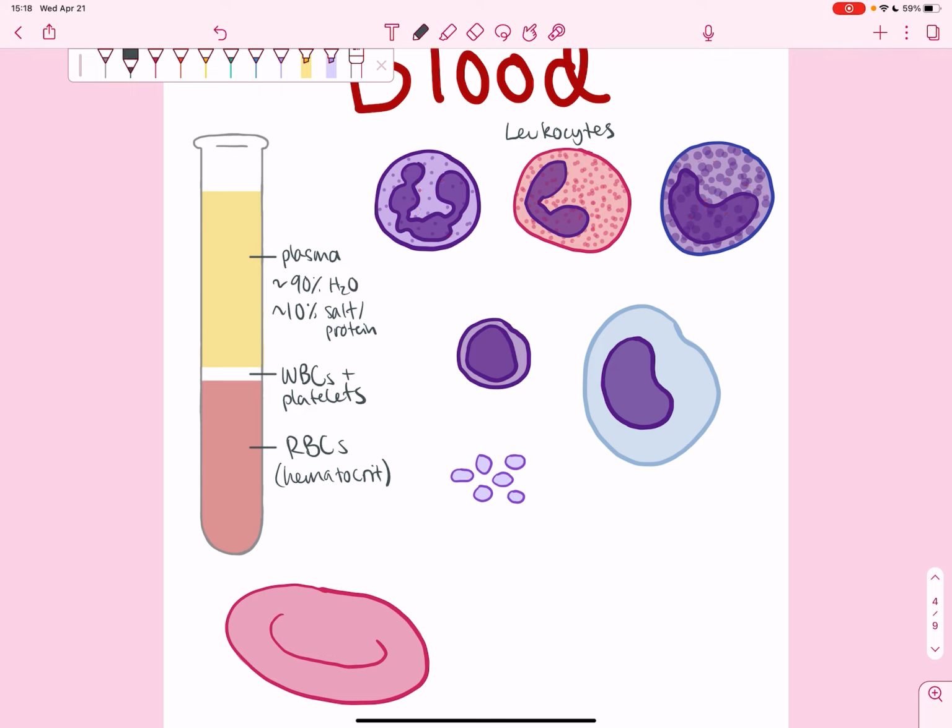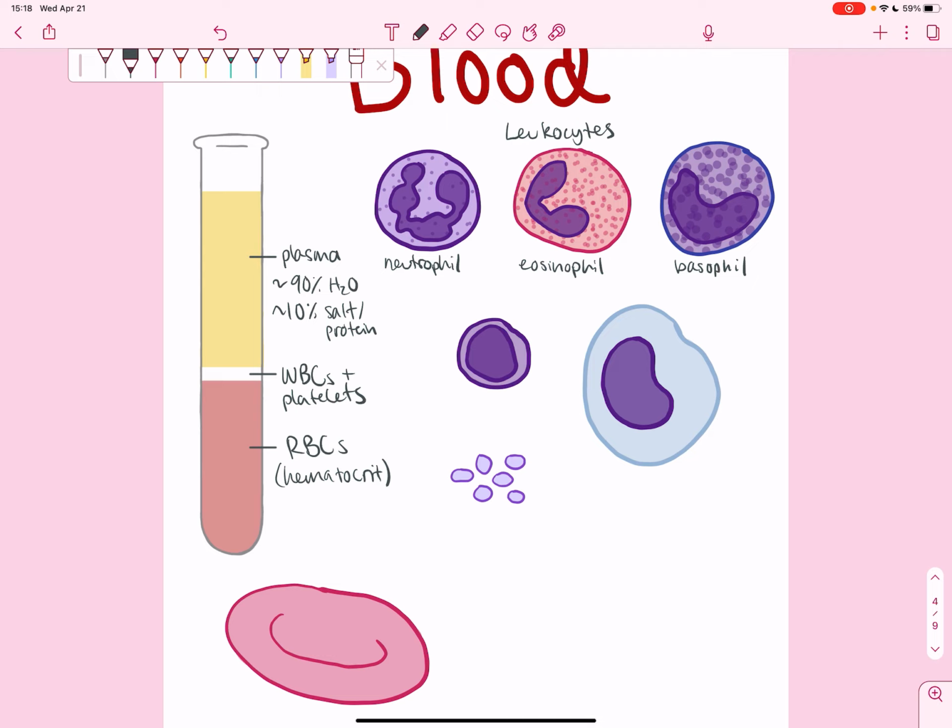We have a neutrophil, then an eosinophil, it's a weird name, and then a basophil. Cool.